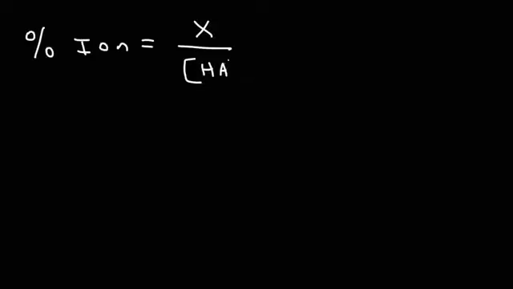Now, the next thing we need to talk about is how to calculate percent dissociation, also referred to as percent ionization. Percent ionization is equal to X divided by the original acid concentration that was dissolved in the solution, times 100%. X represents the amount of acid that is dissociated.